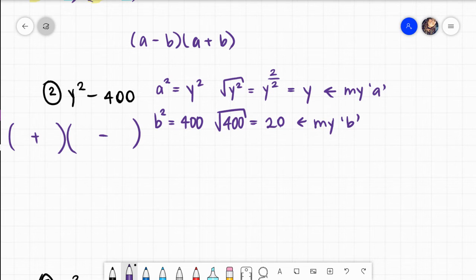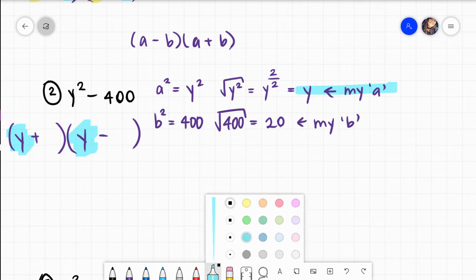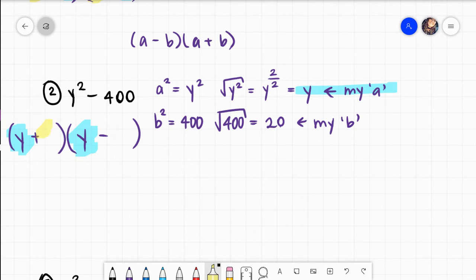My a's go here. There's my a. And then my b goes here, because I'm looking at this. And my b is 20. Y'all go back and FOIL it. You'll get y squared and then a negative 400.